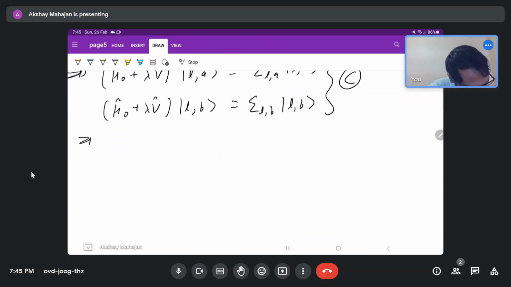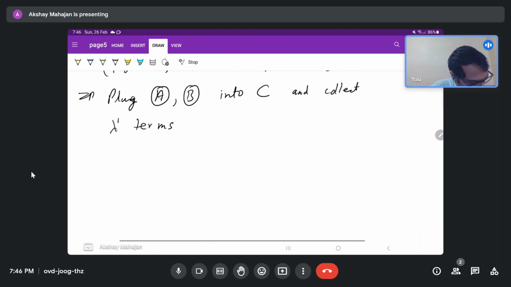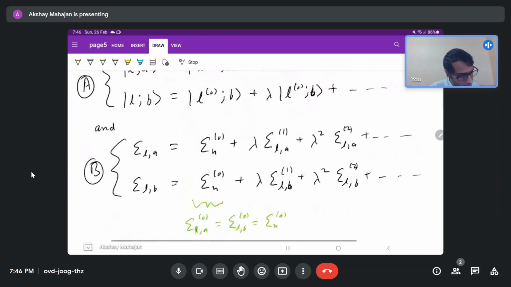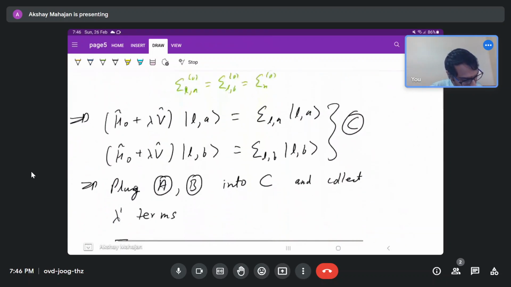Now plug A, B into C and collect the lambda to the power 1 terms.